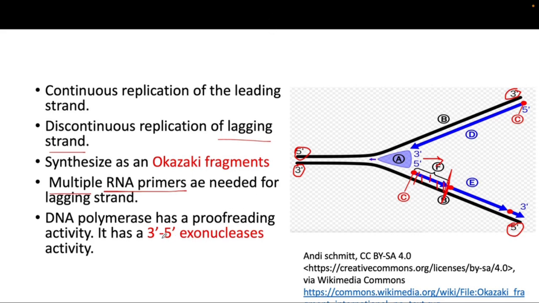That's why it has a 3 prime to 5 prime exonuclease activity. Again, the tendency of making a mistake is very low, but it has a higher proofreading activity, so it normally takes care of the mistake.